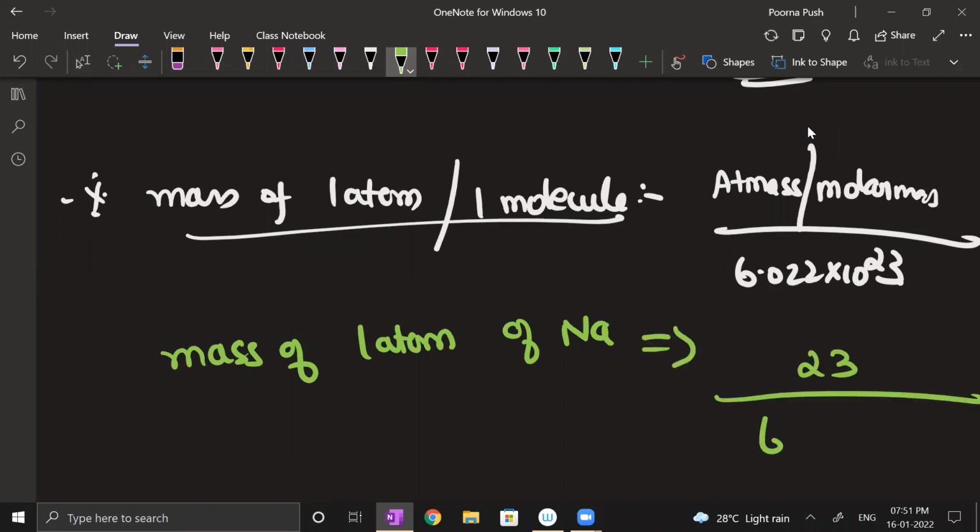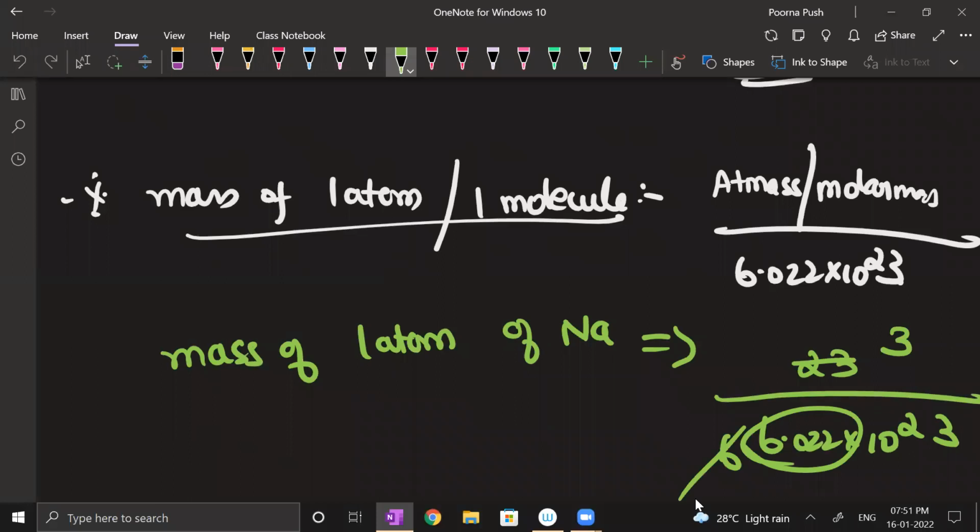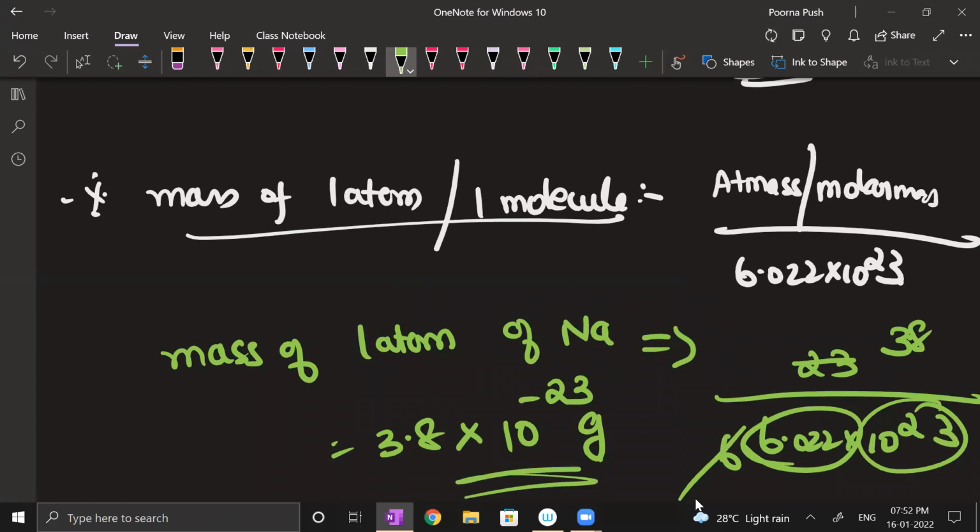Atomic mass of sodium is 23 divided by 6.022 into 10 power 23. 6.022 is the same as 6, only rounded off. Approximately, we get 3.8. So 3.8 into 10 to the power minus 23 grams.